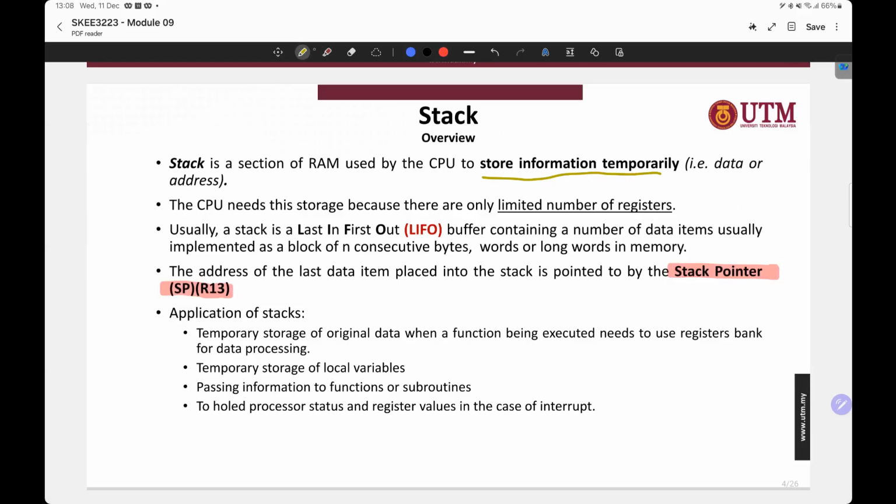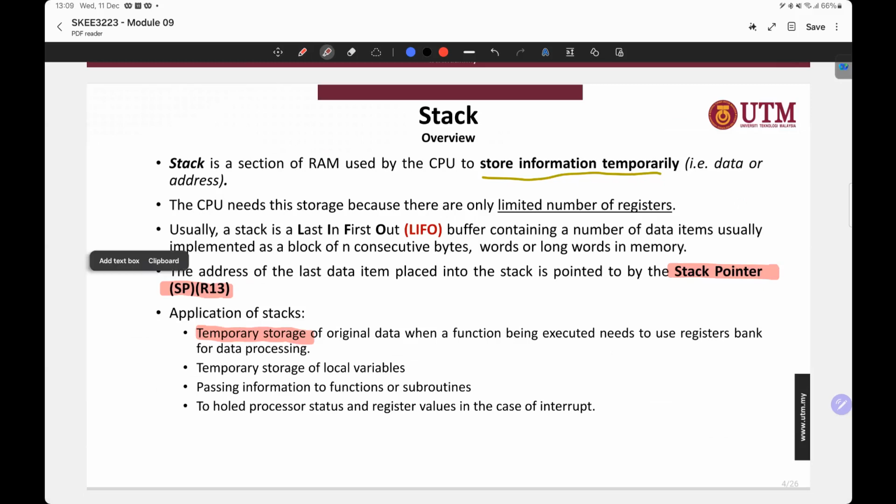And here are examples of applications that use a stack. The first one is as temporary storage of data when a function is being executed and needs to use a register bank for data processing. Since we have a limited number of registers, maybe some registers already have a value inside, but at the same time you're going to use that register.